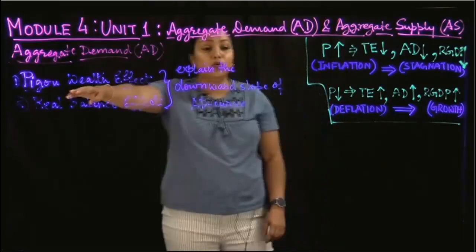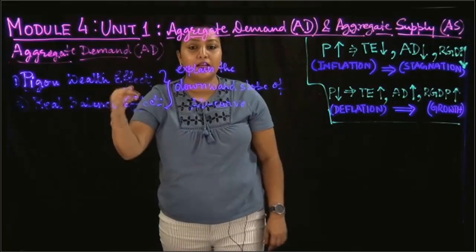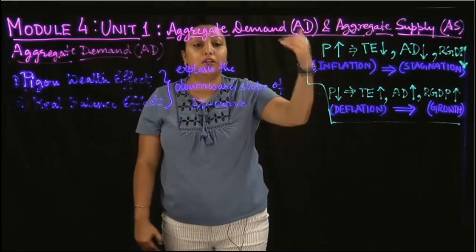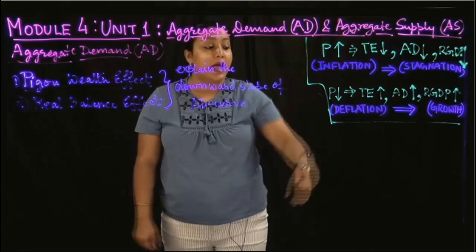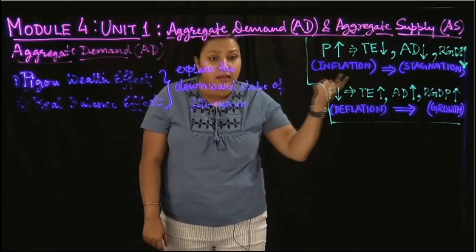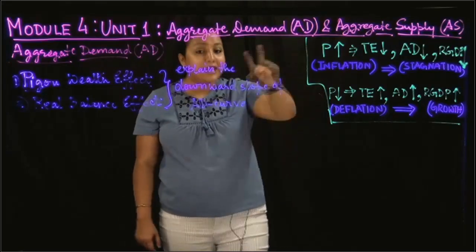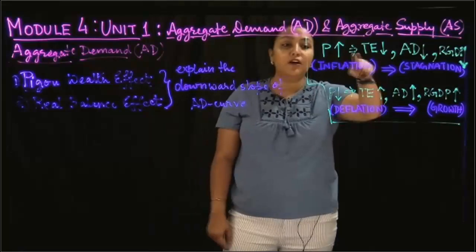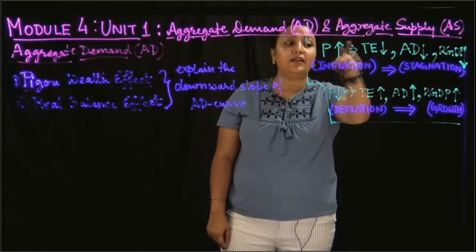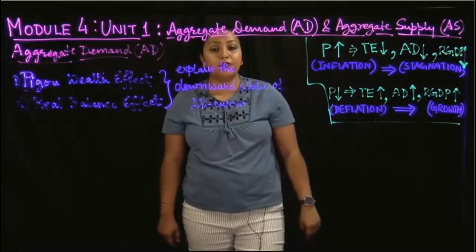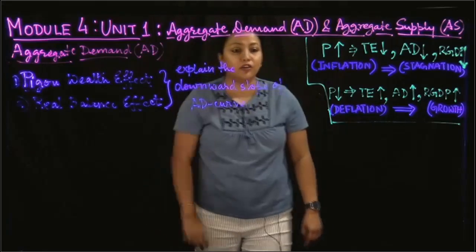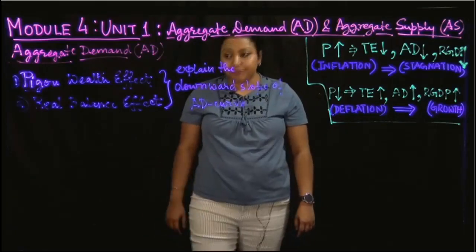So that is the Pigou wealth effect. The wealth effect says that inflation leads to a decrease in the value of your wealth and deflation leads to an increase in the value of your wealth, and that leads to the inverse relationship between the price index and the aggregate demand for the economy, and that's one reason for the downward slope of the AD curve.